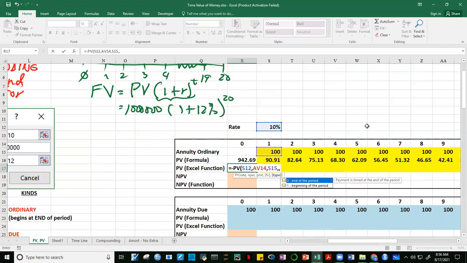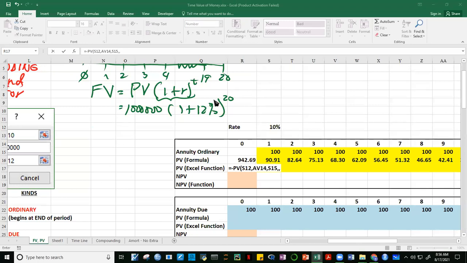Okay. Now, is it end of the period or beginning of the period? Is it annuity ordinary or annuity due? Paki-chat, guys, please. Okay. Wait, guys, ito tayo, annuity, ano to?